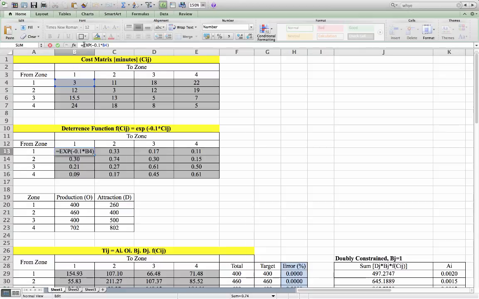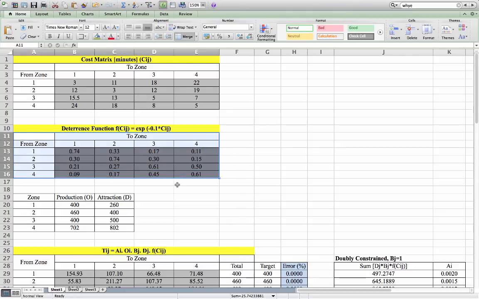So we calculate this as the exponential of minus 0.1 multiplied by Cij. You calculate the deterrence function for each cell accordingly to get the entire matrix.